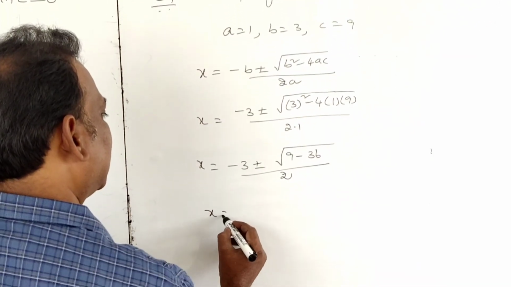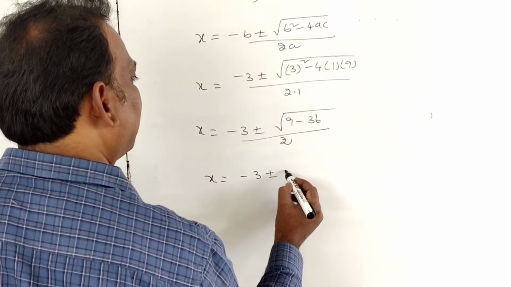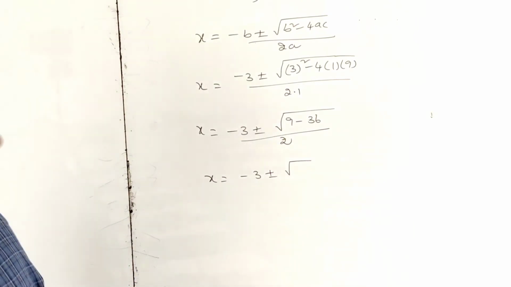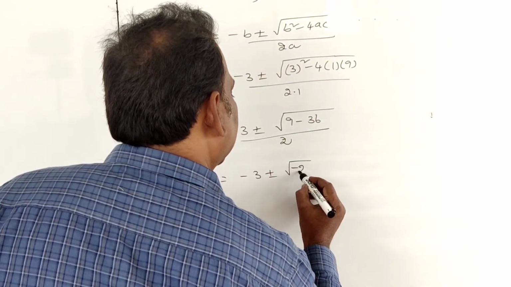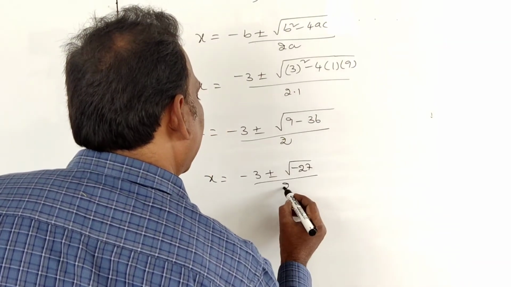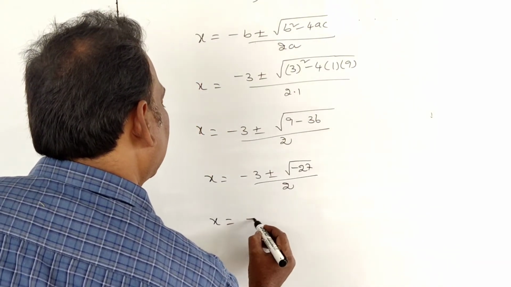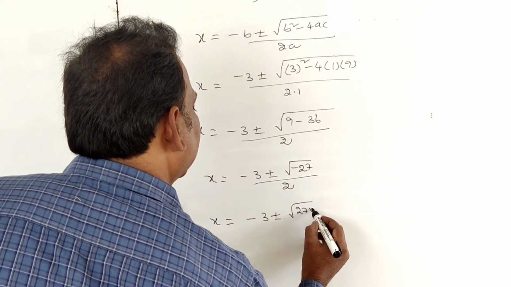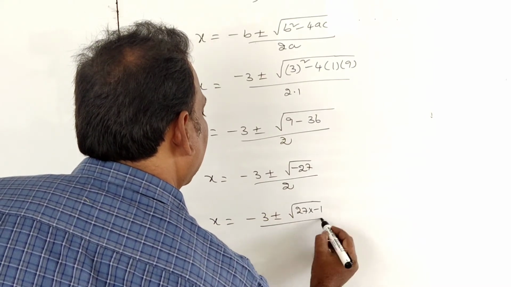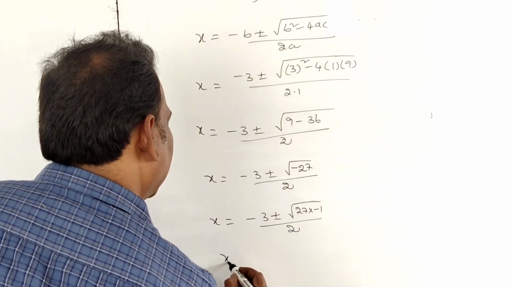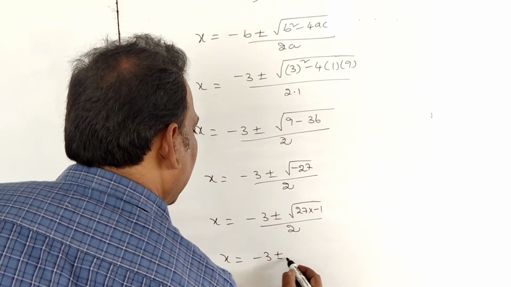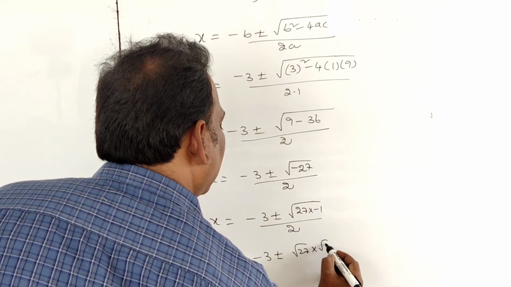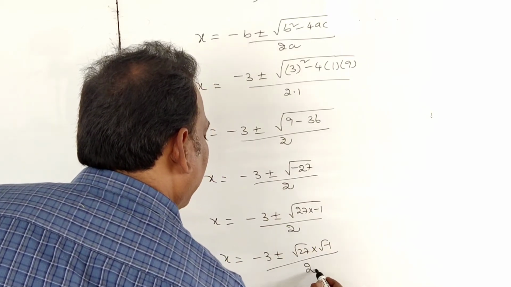So x is equal to minus 3 plus or minus root of 9 minus 36 is minus 27. Correct, students? Right. So x is equal to minus 3 plus or minus under root 27 into minus 1 upon 2.